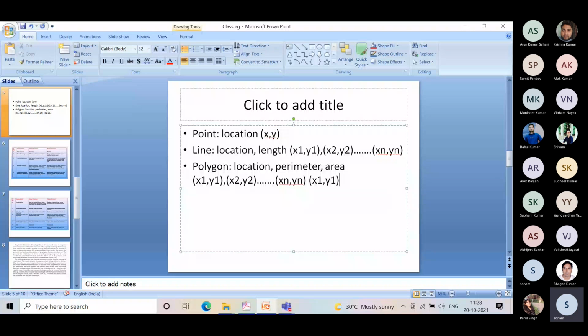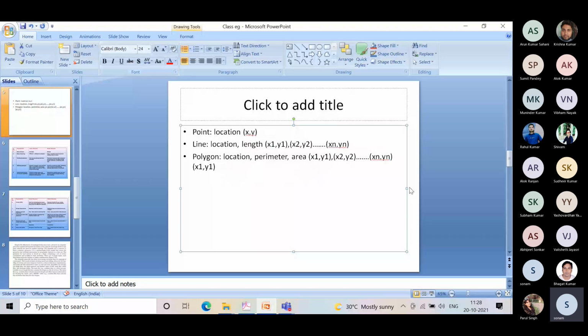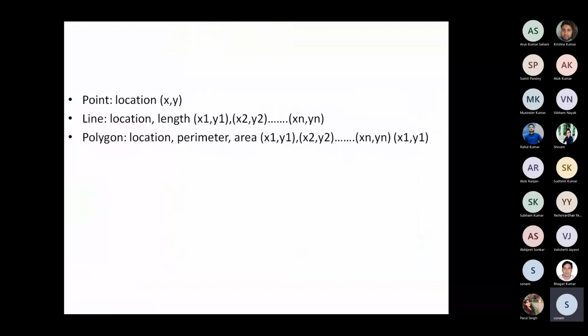You just need to note it down so that there will not be any confusion. A point will have location, and there will be just one x and y. With the line, location and length will be there, and there will be an ordered set of coordinates with a distinct start and end point. With polygon, you will have location, perimeter and area.